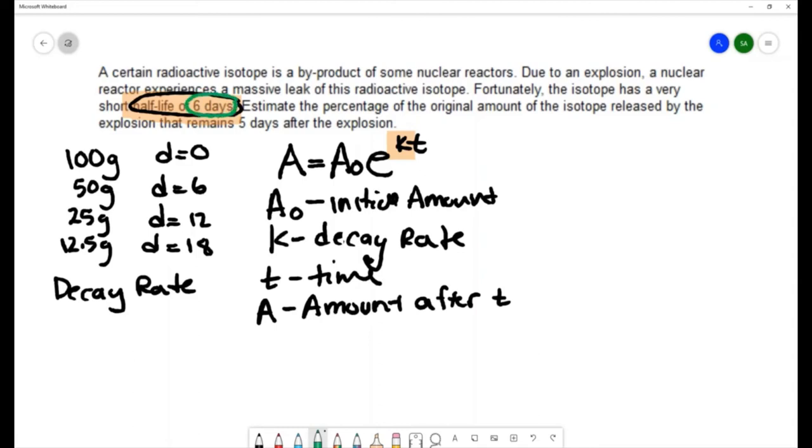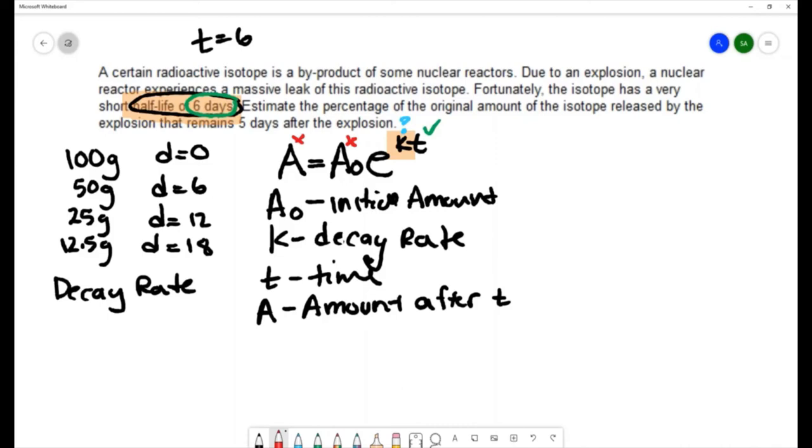So that means we know the value of T is 6. And then it looks like there's nothing else. And I've told you guys that we're going to be able to figure out K. That's our unknown value. But it looks like we don't know our starting amount. We don't know our ending amount.